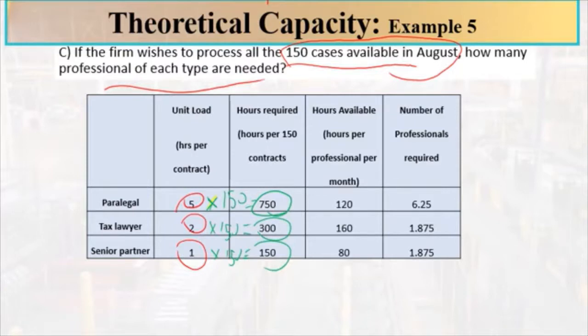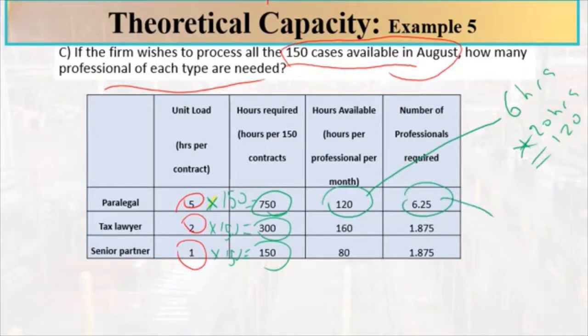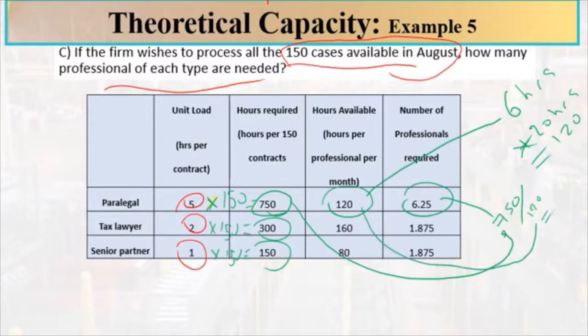Now the hours available: remember each resource unit could work 6 hours per day, and we know that there are 20 days per month, so we get that 120 number. Then we take the hours required, 750, divided by the hours available, which is 120, which tells us how many resource units we need.